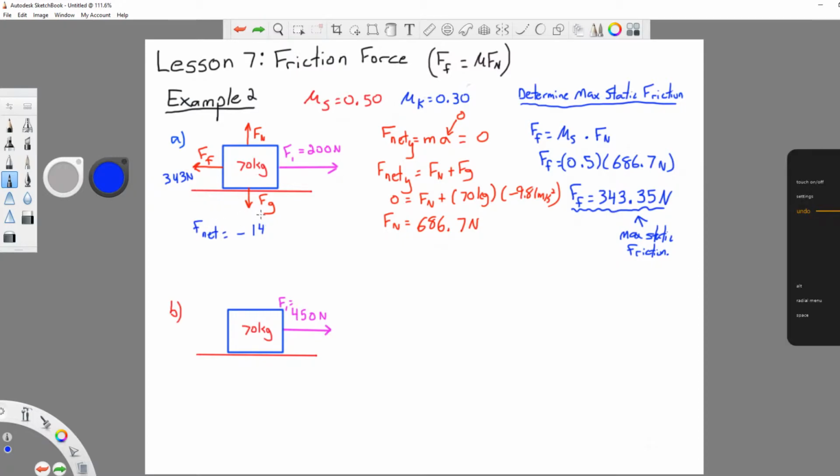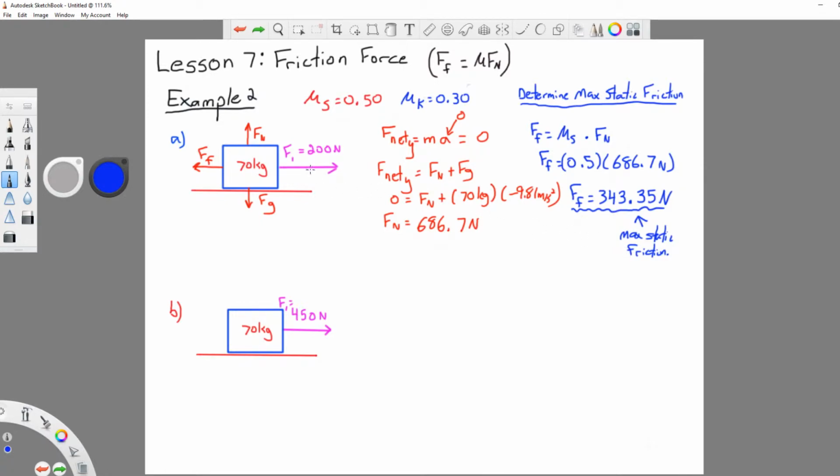But friction doesn't speed anything up. Friction counteracts motion. So this value of static max friction is more of a threshold value that we're trying to test against.